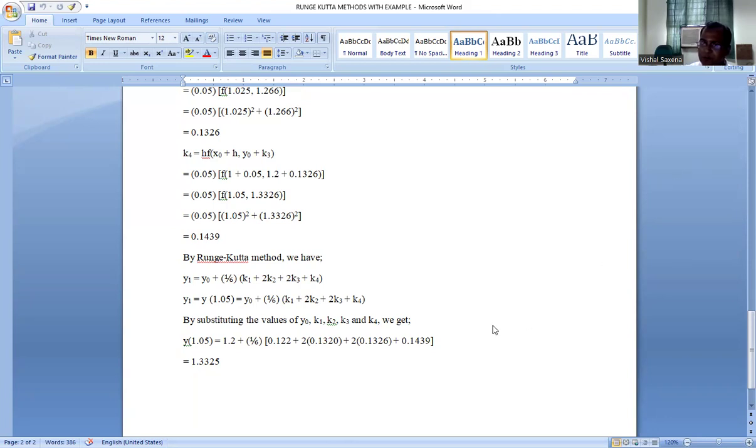In y(n plus 1), put n equal to 0 and we get y1. If we put n equal to 1, we find y2. If we put n equal to 2, we find y3, and in this way we can find the other values.